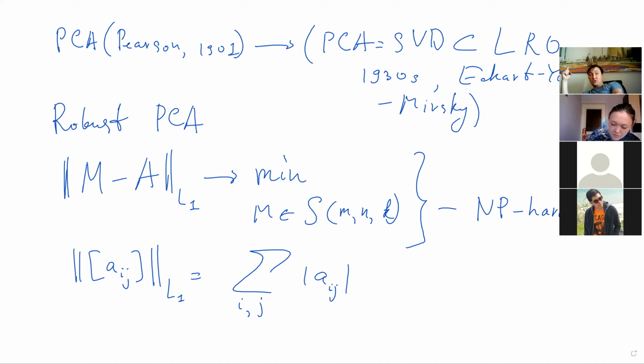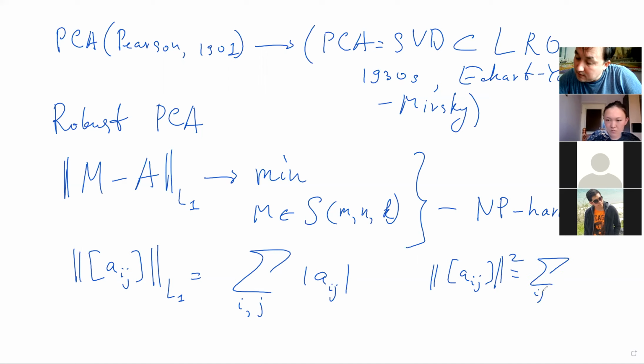Only one thing is changed. I remind you that the square of the Frobenius norm is just the sum of a_ij squared. So you just square all the entries of the matrix. If instead of squaring, you just take absolute values, then everything becomes more complicated.